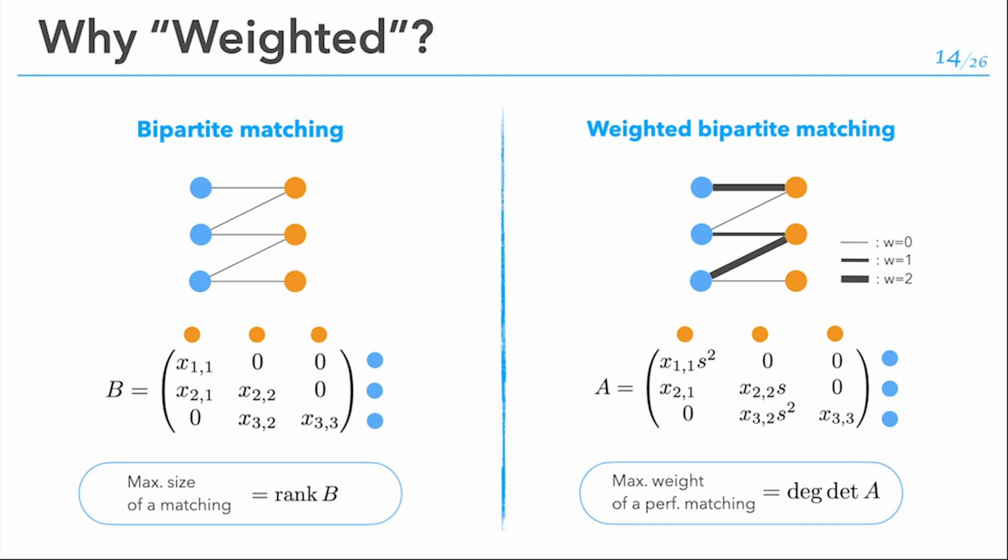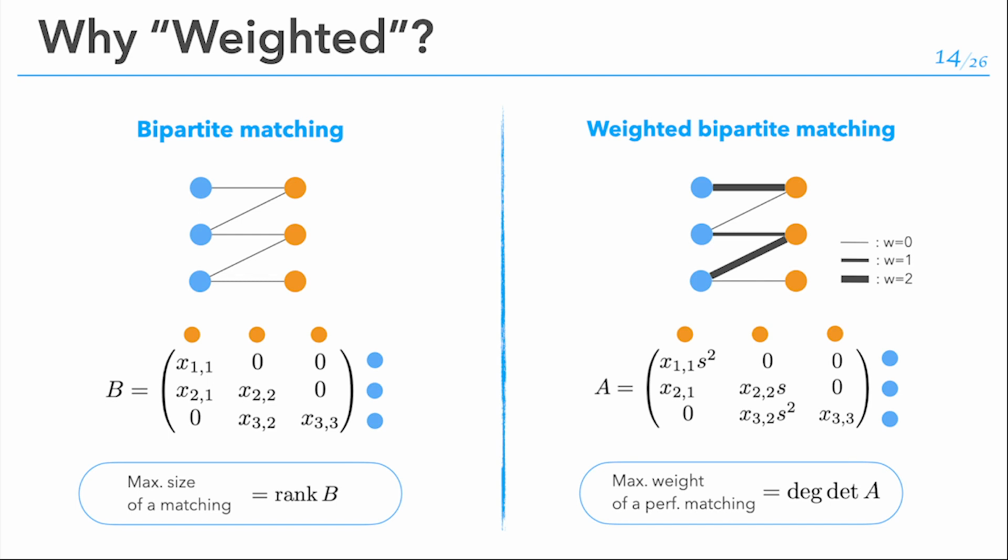Then, how about the weighted version of this bipartite matching problem? In the weighted bipartite matching, we are given a bipartite graph as well as an edge weight, like this. Then, we construct a polynomial matrix A, like this.